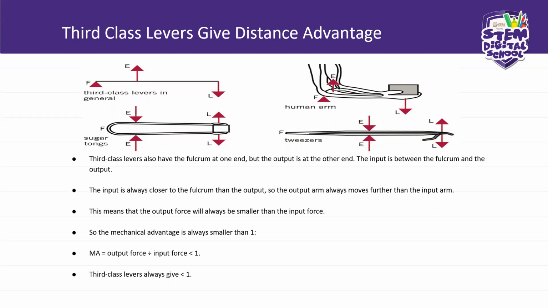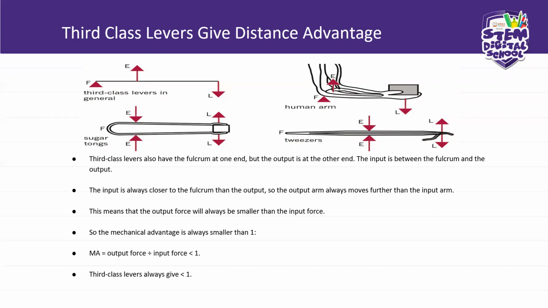So that gives you a distance advantage. Third class levers also have the fulcrum at one end, but the output is at the other end. The input is between the fulcrum and the output. The input is always closer to the fulcrum than the output, so the output arm always moves further than the input arm. This means that the output force will always be smaller than the input force.